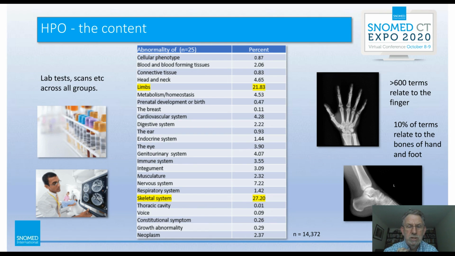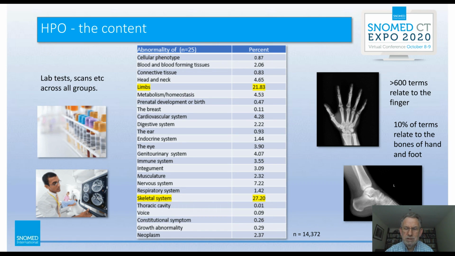Okay, looking at the content, the second level hierarchy has about 25 concepts, which mainly align to the systems in other terminologies. But what you can see immediately is that the limbs and skeletal system, if you put them together, constitute about 50% of the terms. This is because there's a detailed analysis of the hands, arms, feet, and limbs.